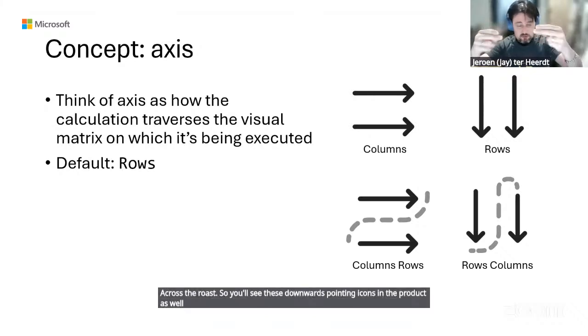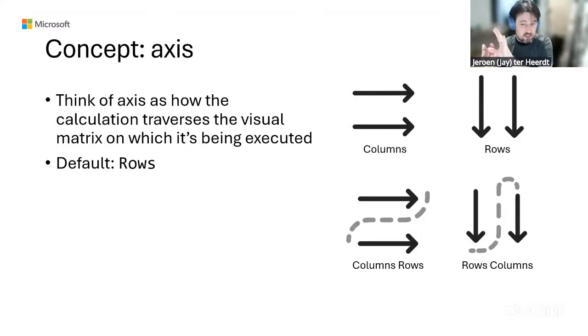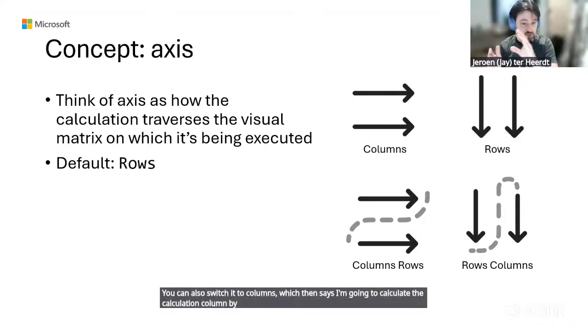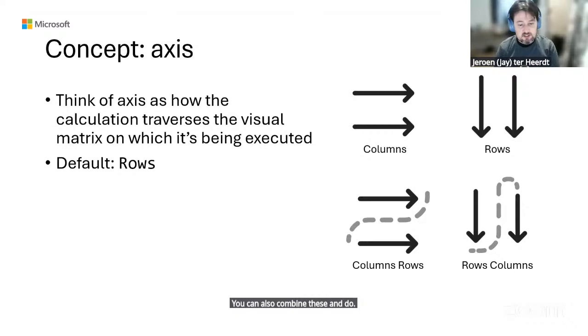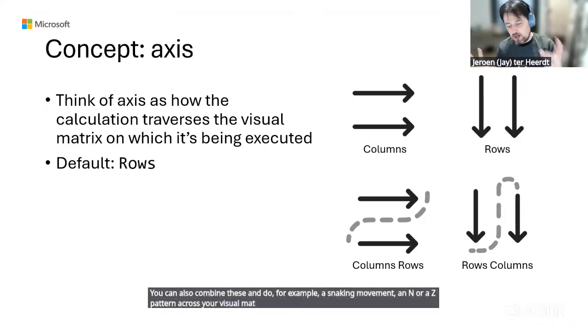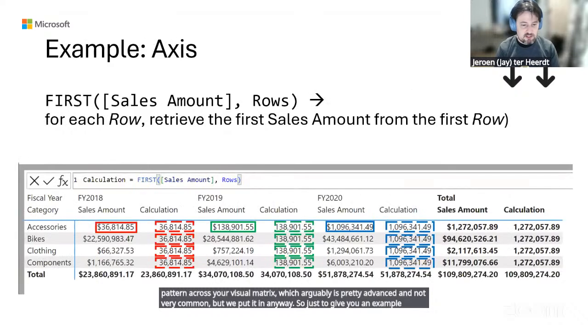That means the calculation is calculated row by row by row. You can also switch it to columns, which then says I'm going to calculate the calculation column by column by column, left to right. You can also combine these and do, for example, a snaking movement, an N or a Z pattern across your visual matrix, which arguably is pretty advanced and not very common, but we put it in anyway. So just to give you an example of how this works.